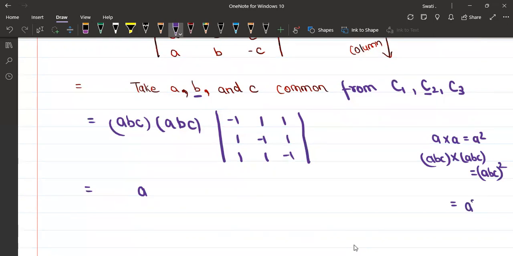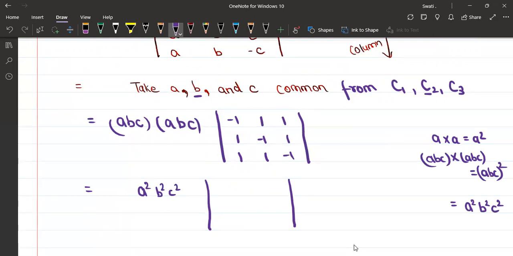So this will become a square, b square, and c square. So we have a square, b square, c square outside the determinant. Inside the determinant, we have in the first row minus 1, 1, 1, in the second row 1, minus 1, 1, and in the third row 1, 1, minus 1. Here we are going to use some operations.